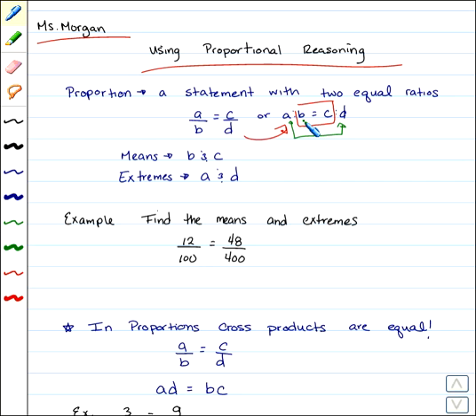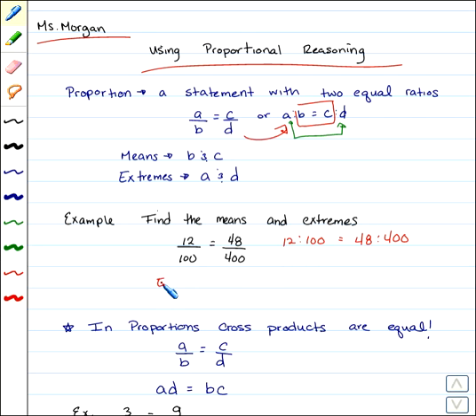So let's look at an example. We want to find the means and extremes when we have 12 over 100 is equal to 48 over 400. So what I like to do is start by rewriting this as 12 to 100 is equal to 48 to 400. Now I know that my means are in the middle and my extremes are on the outside.